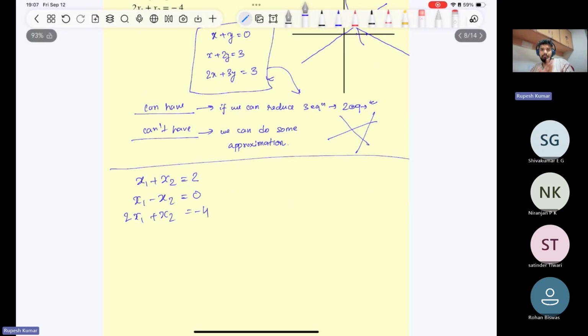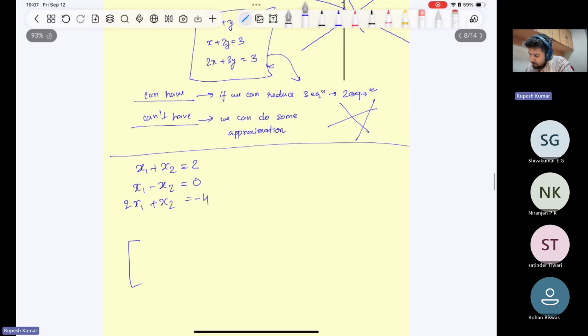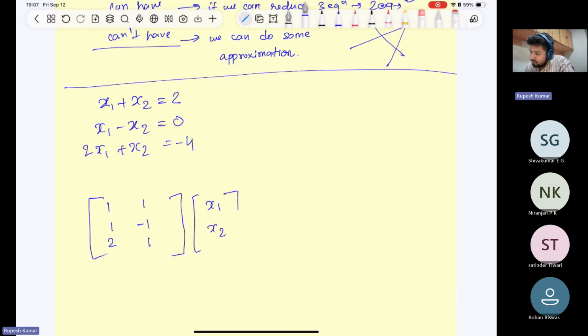So let's write this in matrix form. We all know how to do this, right? So it becomes [1, 1], [1, minus 1], and [2, 1]. This multiplied by x1 and x2 gives us 2, 0, minus 4. Is this correct, everyone?